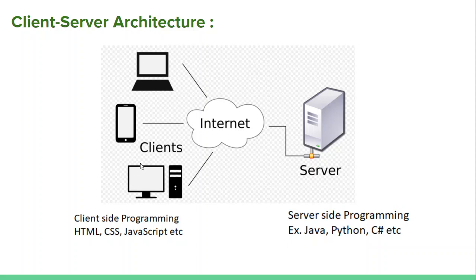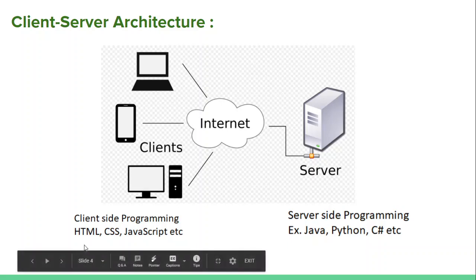Similarly, whenever the client communicates with the server, there are different languages, for example HTML, CSS and JavaScript. These languages are known as client side scripting languages, and they get executed on the web browser. Whenever the browser interprets the data and presents it to the user, that functionality is built by the client side programming languages.